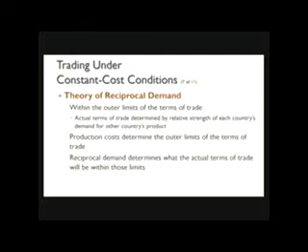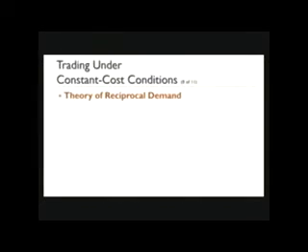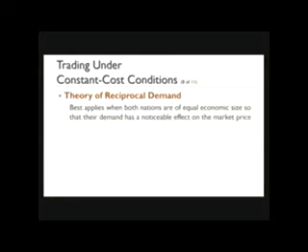When market demand for products is not equal, consumer preferences dictate fluctuations in prices. A country producing a more demanded product benefits from higher productivity and growth. Reciprocal demand determines what the actual terms of trade will be within those limits. Through time, the producer of more demanded goods benefits from dynamic gains.